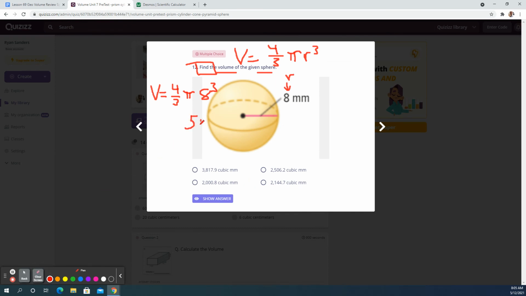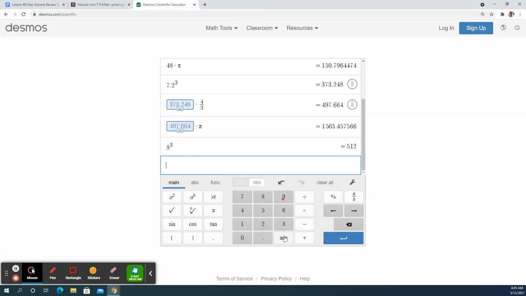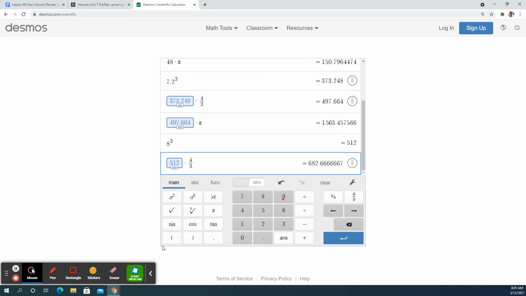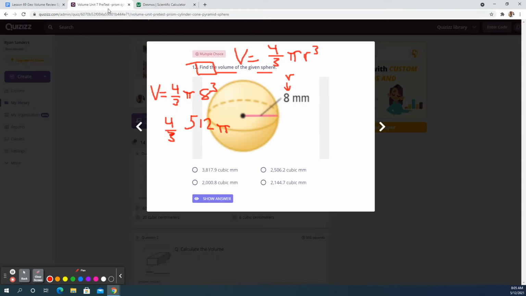So I got 512, times 4/3, and then we have a pi floating around. All right, so 512 times 4/3: answer times 4 divided by 3 is 682.66. And we still have our pi.